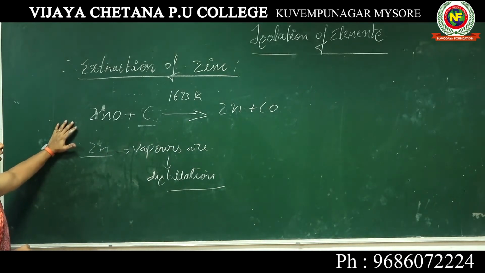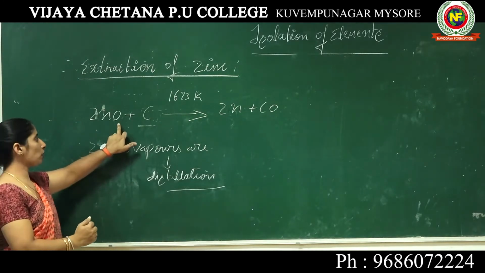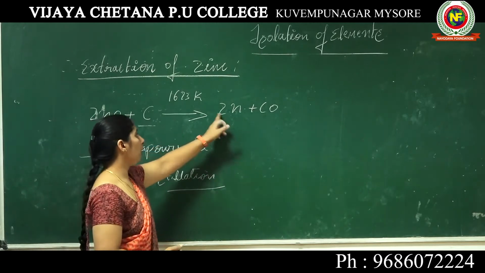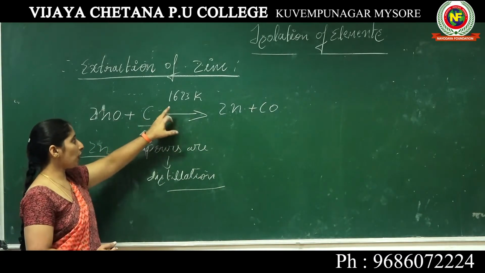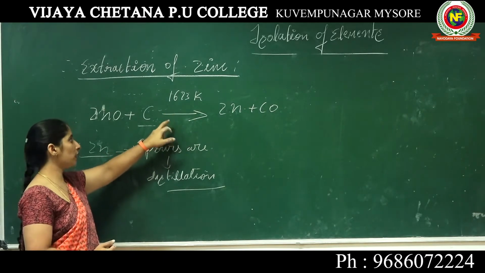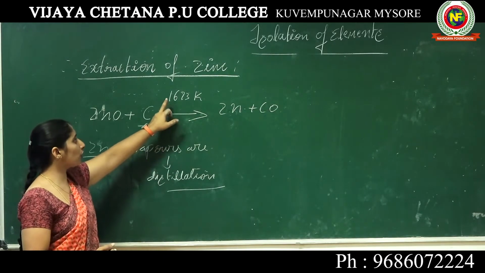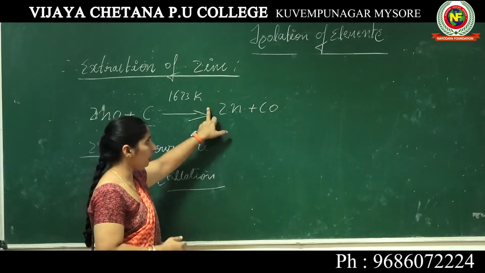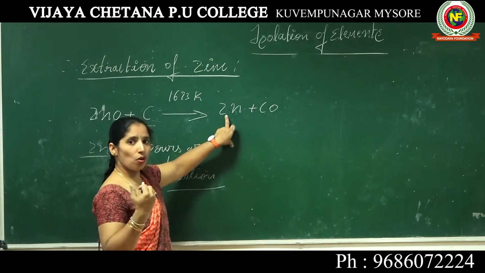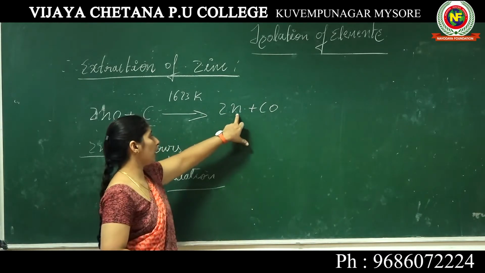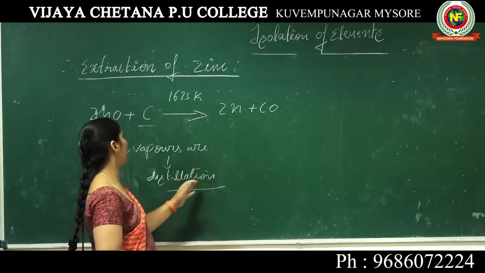This process we call reduction, where the metal oxide is reduced into the metal using a suitable reducing agent. Here I am using coke, and it is carried out in the vertical retort, one of the instruments, at a temperature of 1673 Kelvin. The zinc oxide is reduced into zinc with the formation of carbon monoxide.